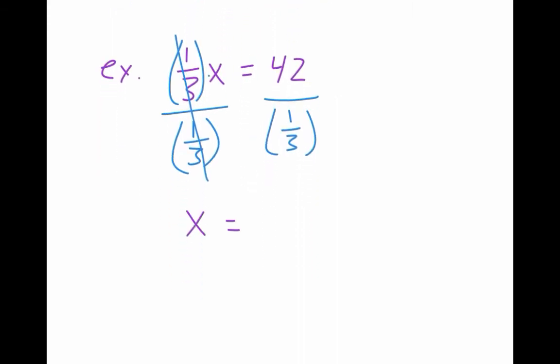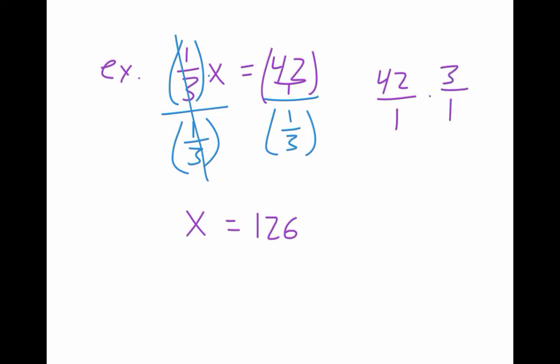The right side, dividing by 1/3 is the same as multiplying by 3. That's going to end up being 126. Sounds like we should review that a little bit. If you have a fraction divided by a fraction, could I convince you that 42 is the same as 42 over 1? Yeah. So you could take and say, well, 42 over 1 divided by 1/3 is the same as times 3 over 1.